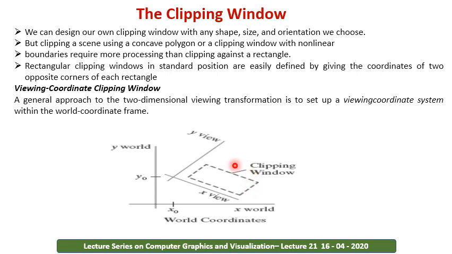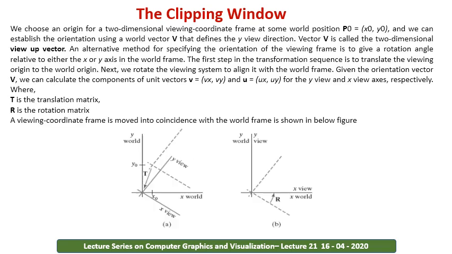In the viewing coordinates, we draw a clipping window of rectangular shape, so that whatever object appears within this clipping window will be sent for rasterization. Other parts lying outside of this clipping window will be erased or not sent for rasterization, that is, for display.